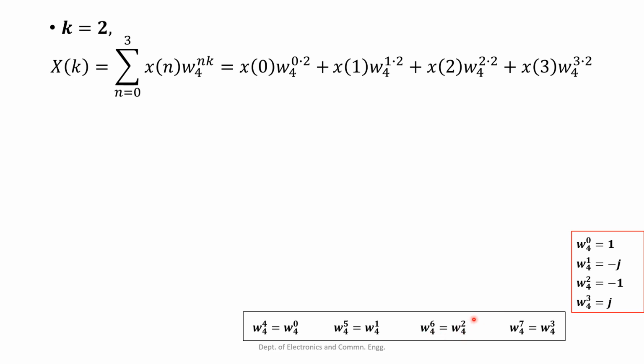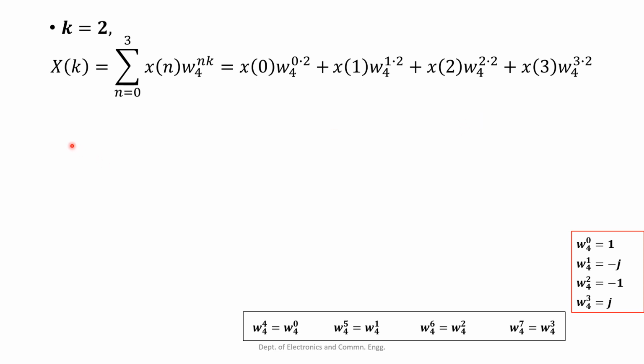Omega 4 power 6 will be equal to omega 4 power 2. All these four values will keep repeating again and again, so in those places respective values will be substituted. By making use of this substitution, we are going to get value 0 for this one.